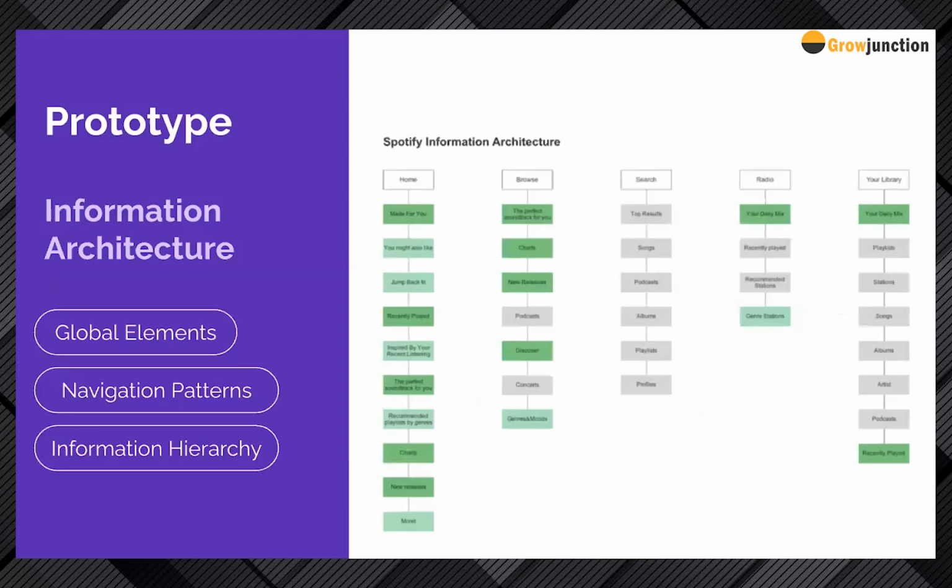And then we will also try to create some kind of information architecture where we will define the global elements and the navigation pattern through which the customer will interact with the solutions which we are providing to him. It is not always that we are working on a newer solution. It might be that we are adding a feature to an existing product.